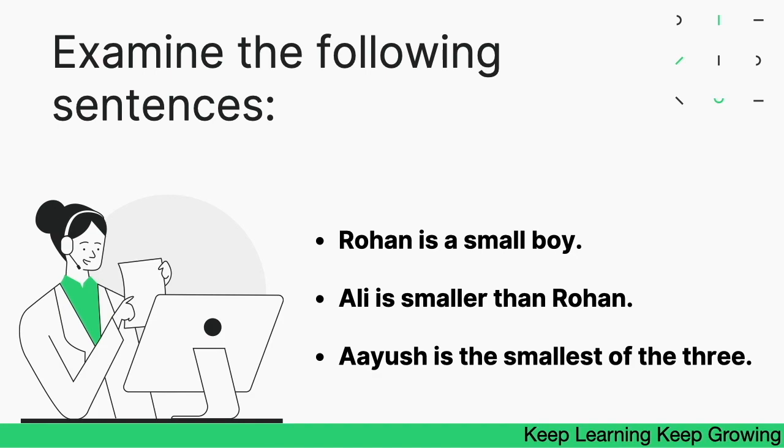I compare 2 boys, Ali and Rohan, and say that Ali is smaller than Rohan, means one is smaller than the other. When I use the word smallest in the third sentence, I compare Ali, Rohan and Ayush and say that Ayush is the smallest of the 3 boys.